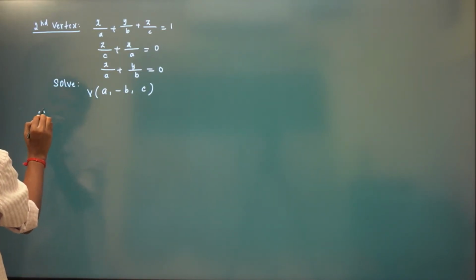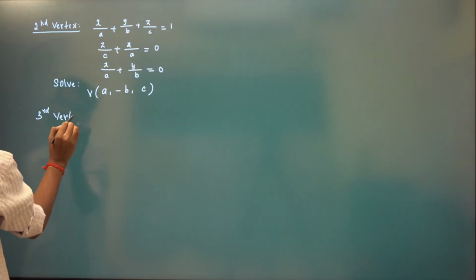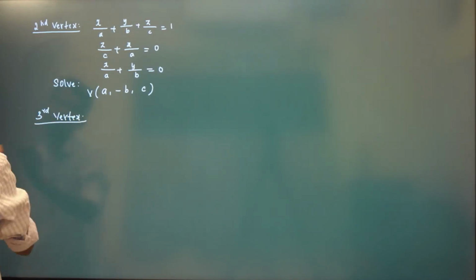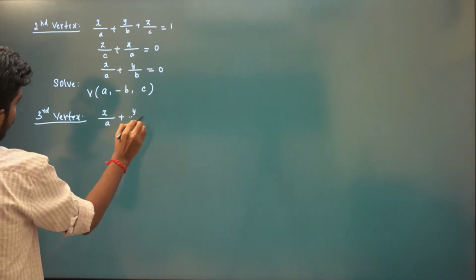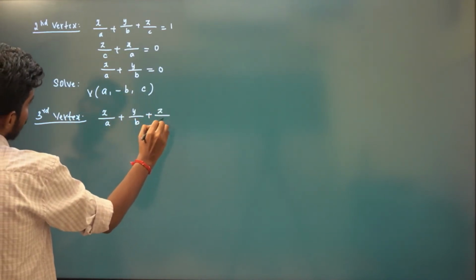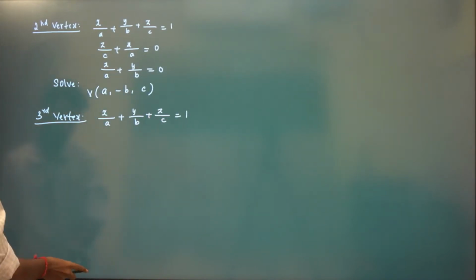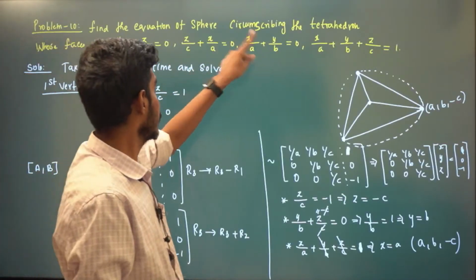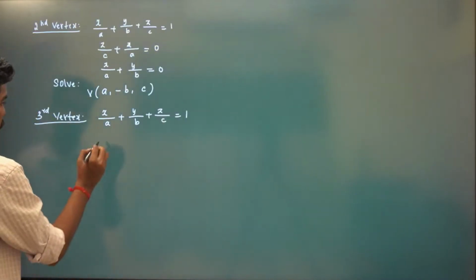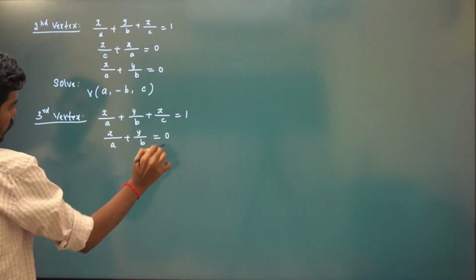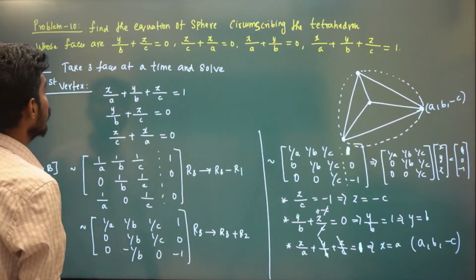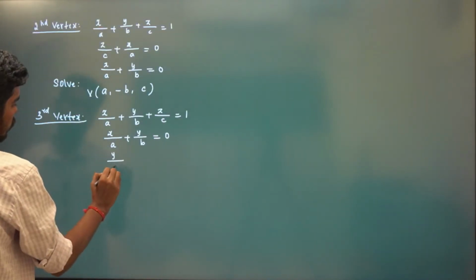Now for the third vertex, take these 3 equations: x by a plus y by b plus z by c is equal to 1. I'm going to take this and this. x by a plus y by b is 0. y by b plus z by c is equal to 0.